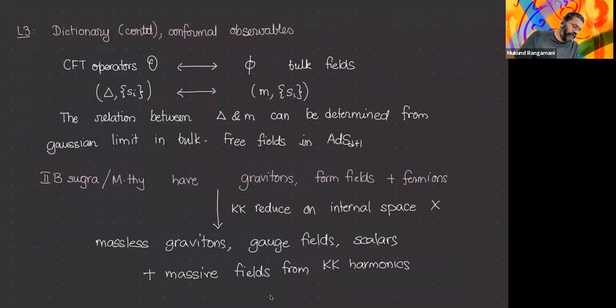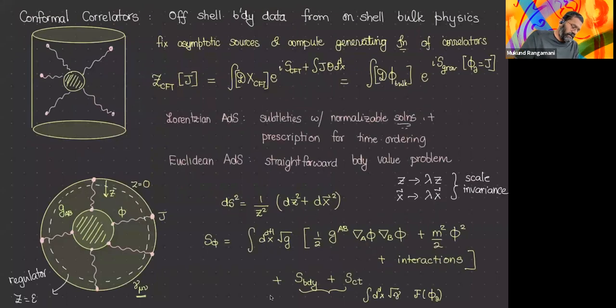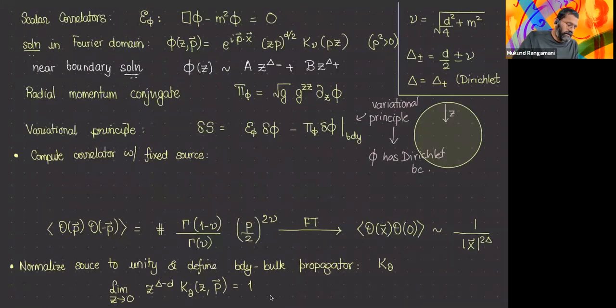That means switching from freezing A to freezing B. You can do it provided it just so happens that both modes, delta plus and delta minus, are normalizable with respect to a suitable norm, which is not the Klein-Gordon norm, but a deformed Klein-Gordon norm. But that can only be done for some range of masses, not for all masses.